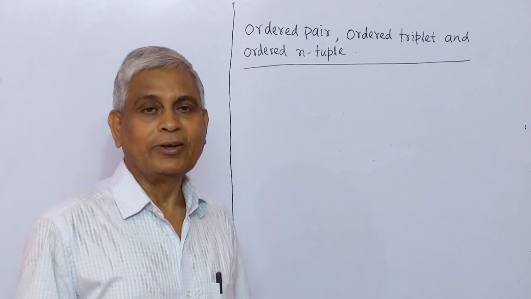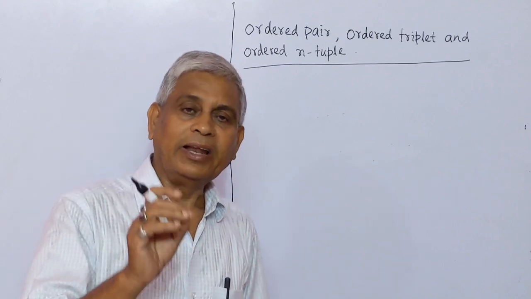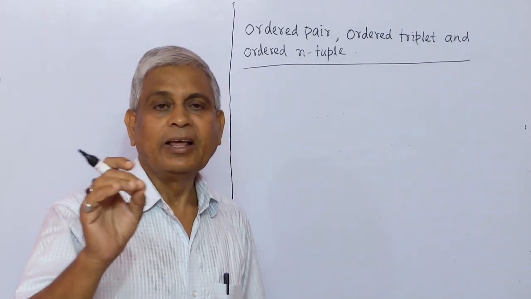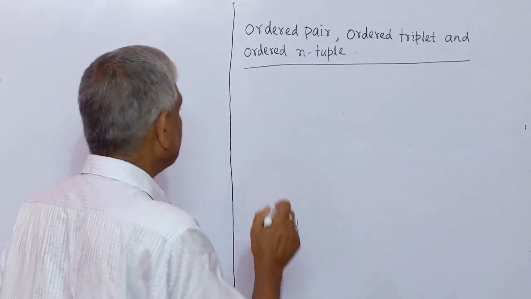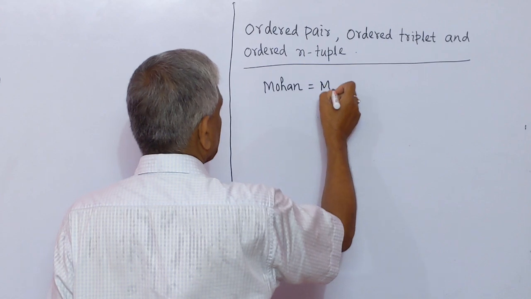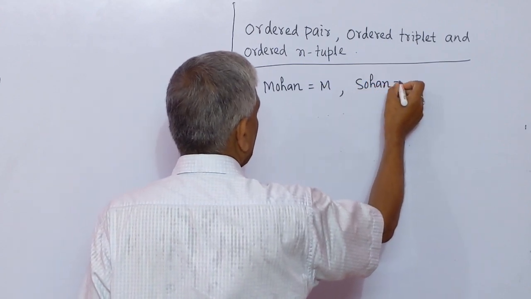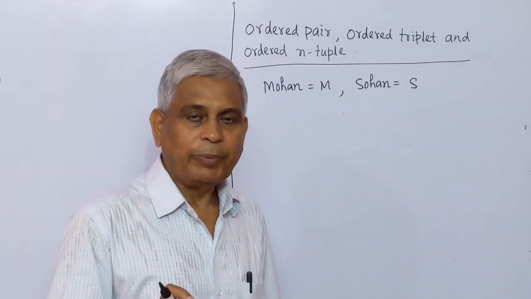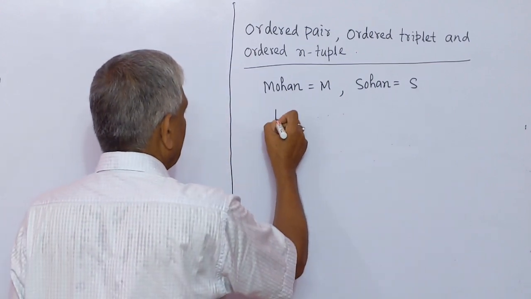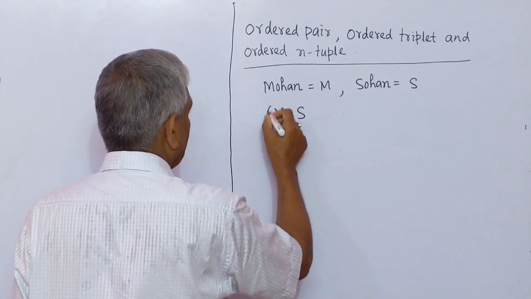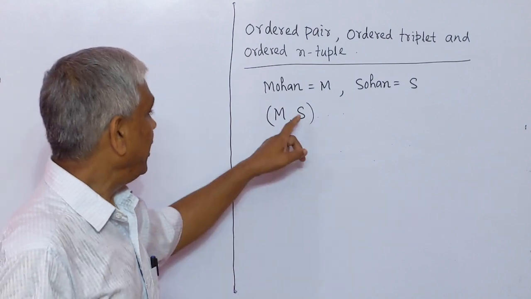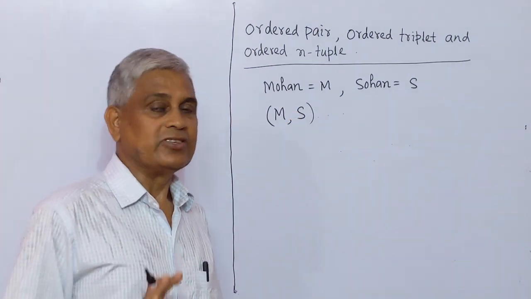Now we start with an example. Let me invite Mohan and Sohan to lunch. Mohan is denoted by M and Sohan is denoted by S. If I denote this concept by MS, MS means I invite Mohan and Sohan to lunch.